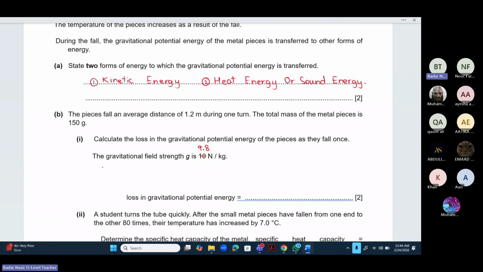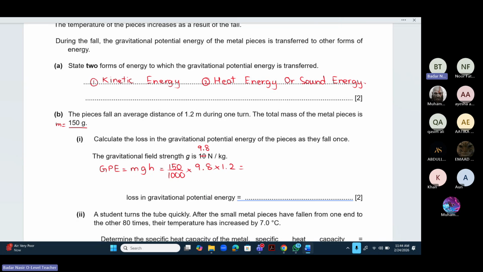So what is the formula for gravitational potential energy? It is mgh. Mass कितना दिया हुआ है? 150 grams. So we have to convert grams into kgs. So for that, we will divide 150 by 1000, and the value of g is 9.8 and the value of h is 1.2.